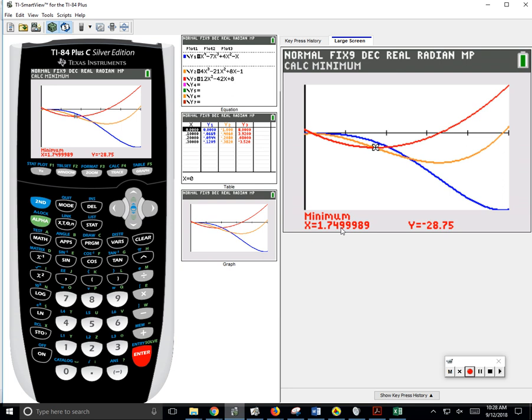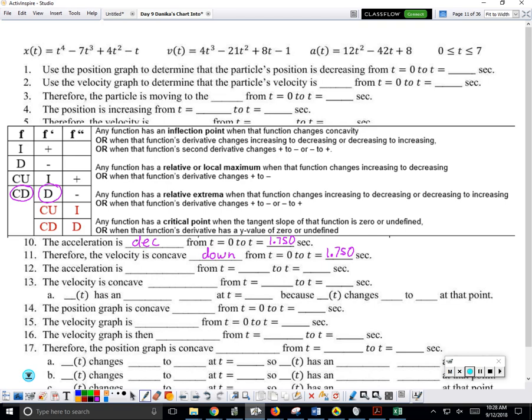Anybody else? Awesome. Way back to here. So these two went together. 12 is moving on to a different section of the graph. So they're relating the concavity of the velocity to the acceleration again.